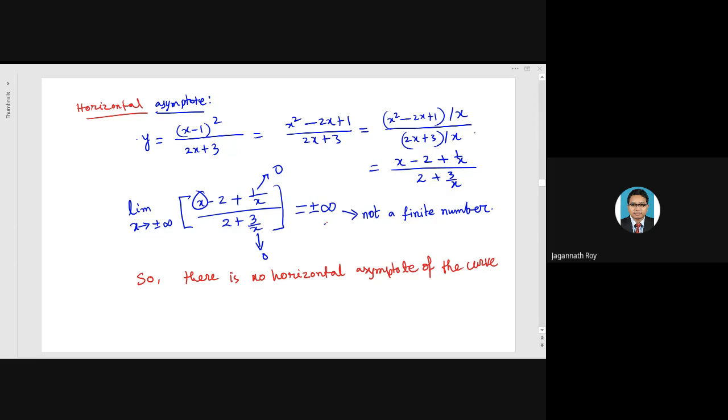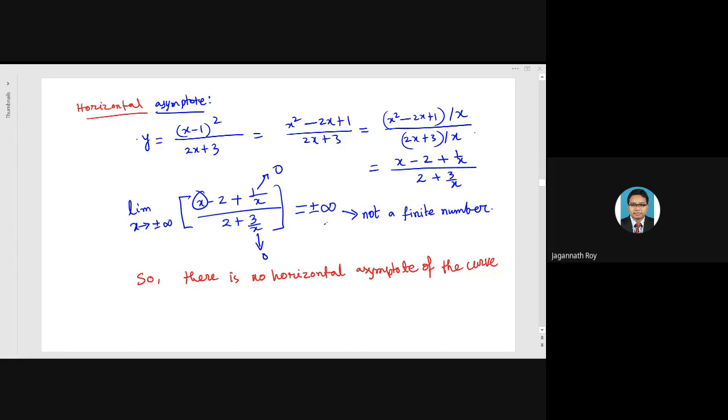Then what we have seen, x equals to minus 3 by 2. So that is one vertical asymptote. But if you look at y equals to 0, or y equals to anything, or y equals to minus 1, it is actually meeting. Okay.